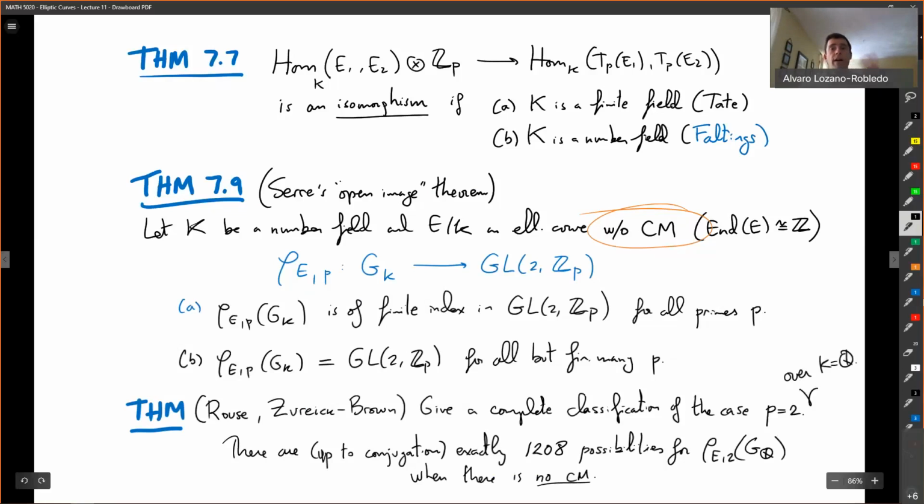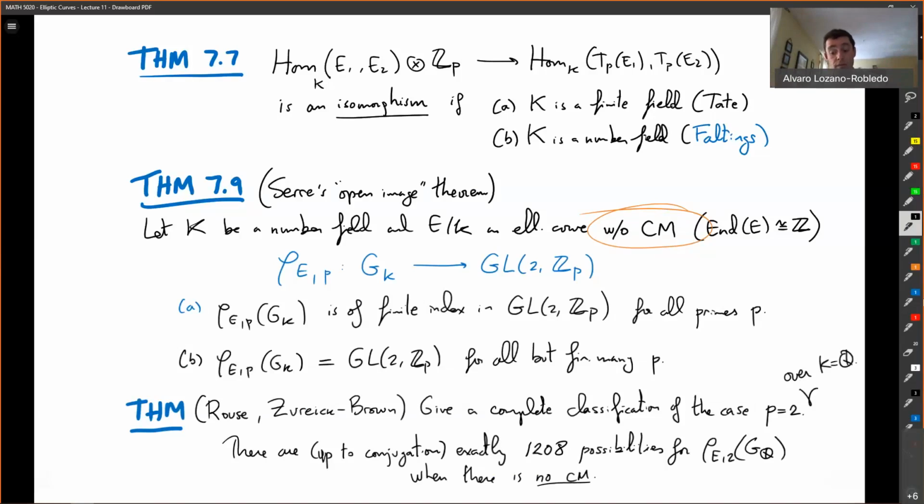And then I showed that in the case of CM, there are another 32 possibilities up to conjugation. That gives you a complete classification of the two-adic Galois representations that come from elliptic curves over Q, which is quite interesting.